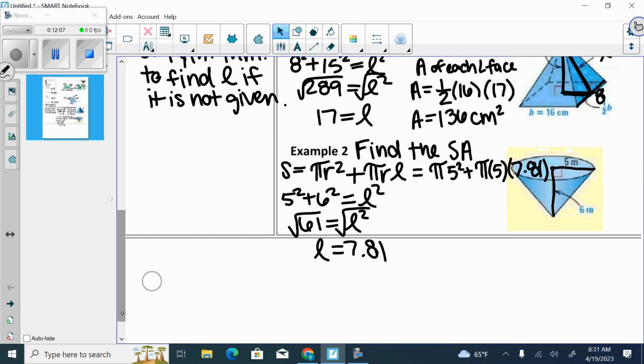We would try and keep it as exact as possible. But since they did not ask for the exact answer, we can just go ahead and multiply and add all these things. What should we get for our surface area? 64.0405 pi, yes. And if we multiply by pi? 201.2. Very good. So we get 201.2-ish.